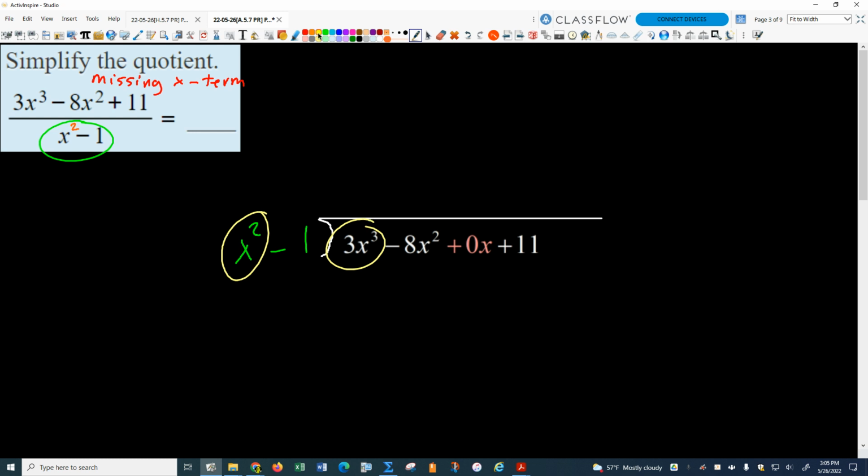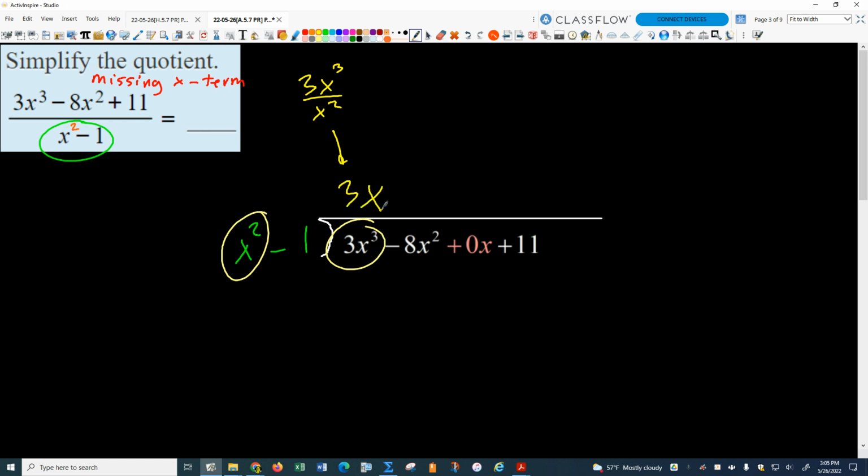I'm just going to go up here and write down the leading term in the top, or inside, divided by the leading term in the denominator, or outside. And what is that? What's 3x cubed divided by x squared? 3x. Okay, so then my first part of my answer is a 3x.